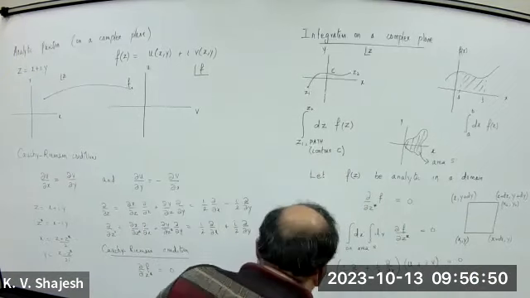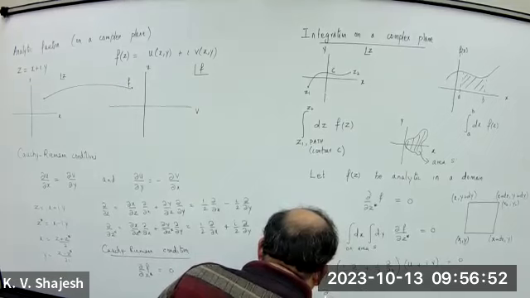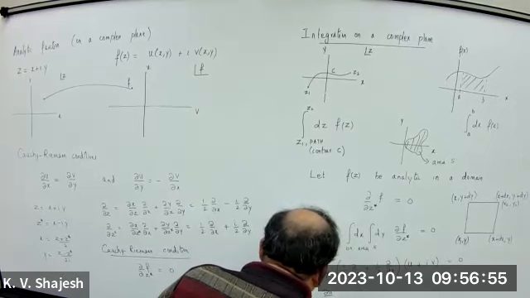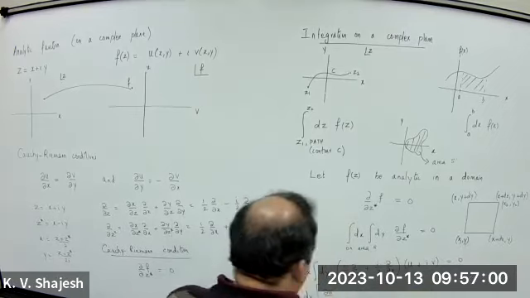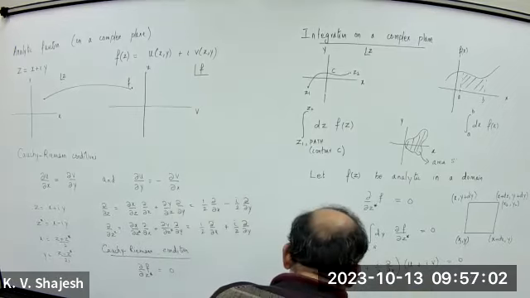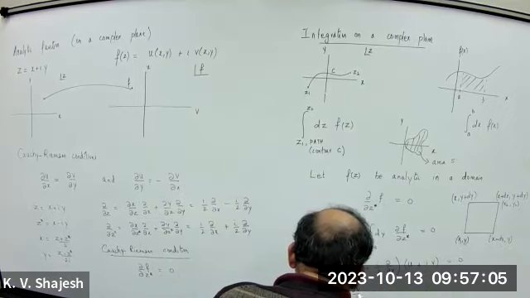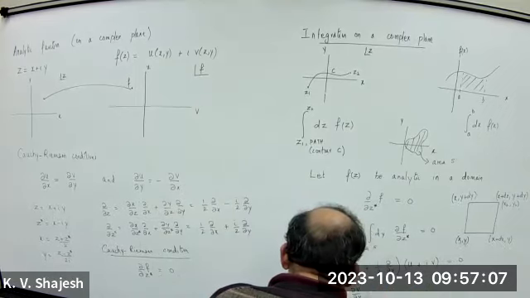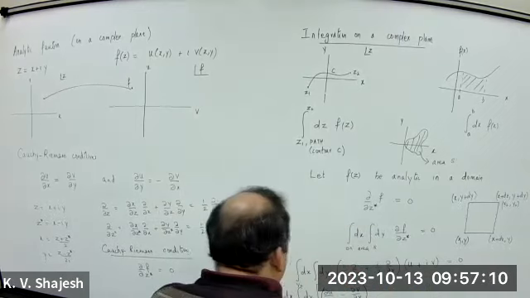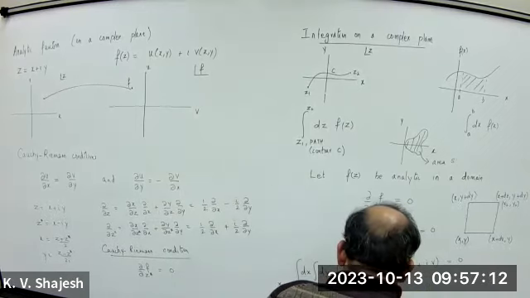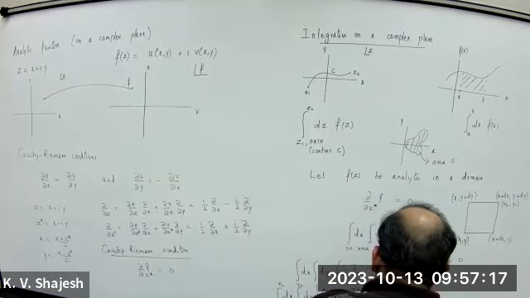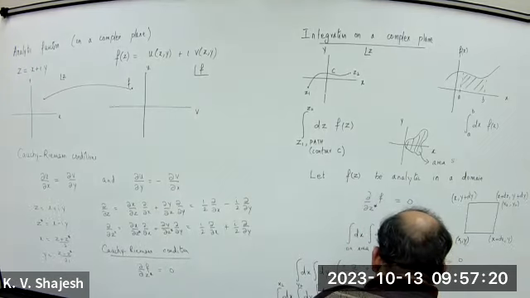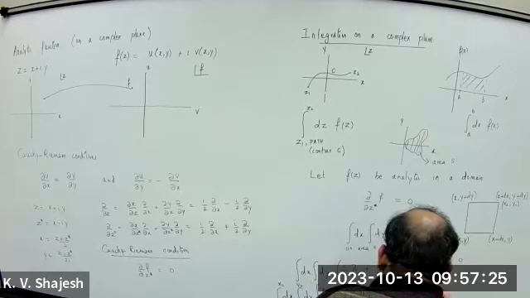And the 2 can cancel out, and what I have is the derivative of u with respect to x, minus the derivative of v with respect to y, plus i times the derivative of u with respect to y plus the derivative of v with respect to x.